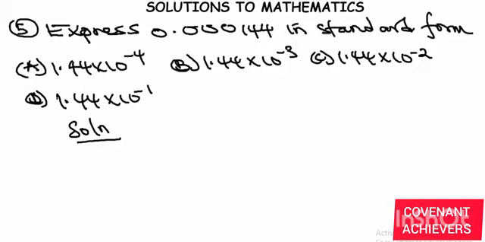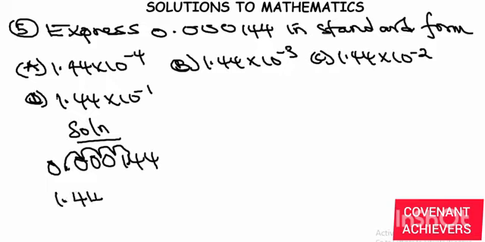Here you have to express this in standard form, 0.000144 in standard form. You just move the decimal point to where you have the first non-zero digit. You have 1, 2, 3, 4. So that's how you have it as 1.44.